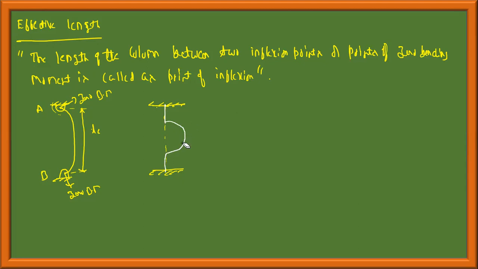I am drawing it exaggerated. This is the fixed and fixed column. I want to exaggerate and show you that the slope and deflections are zero. It is vertical here.